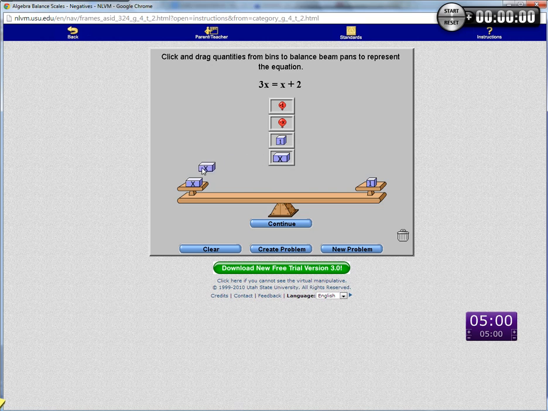Now, let's look at this in a different way. X plus 2. Okay. Well, what did we do? What was the first thing we did before to get subtract x? Okay. Well, in terms of weight, this is positive weight, right? And what would be negative weight?